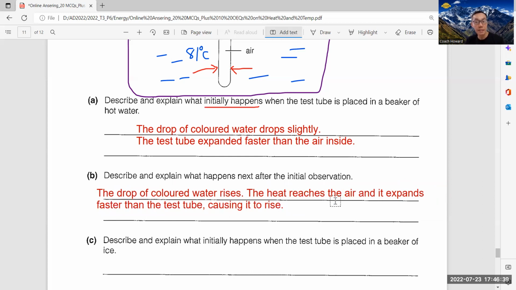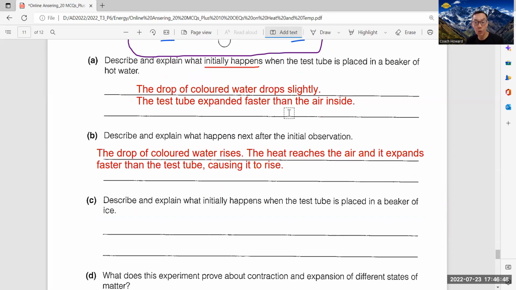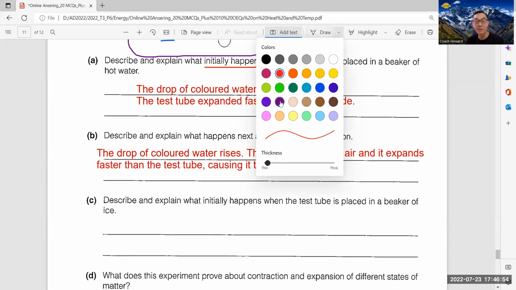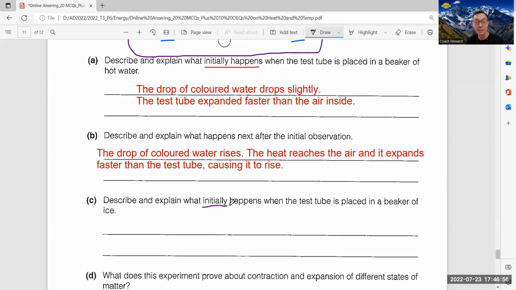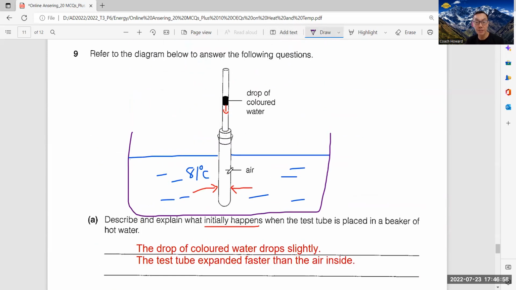Okay, then thirdly, describe and explain. Okay, now you switch it. Now it's hot water, right? You switch to cold water. Okay, the cold water, the same thing will happen because they say initially. Okay, can you see the word initially? So with cold water it is now a reverse situation. So now the test tube would lose heat faster than the air inside. So the test tube will shrink.